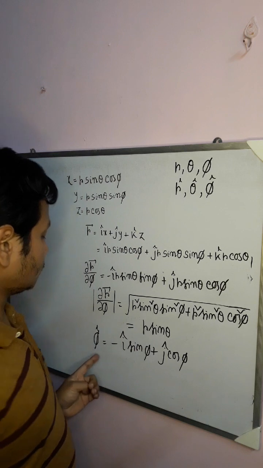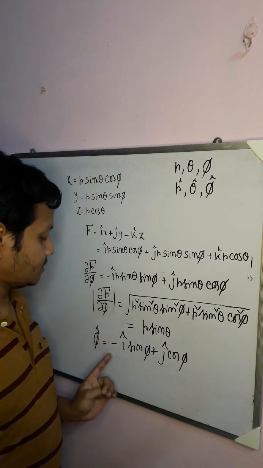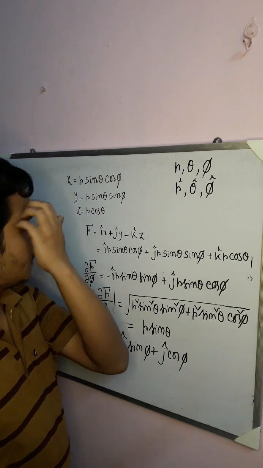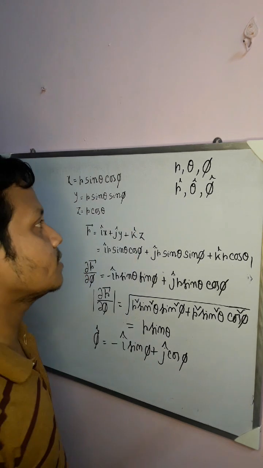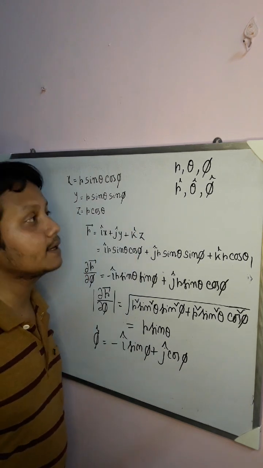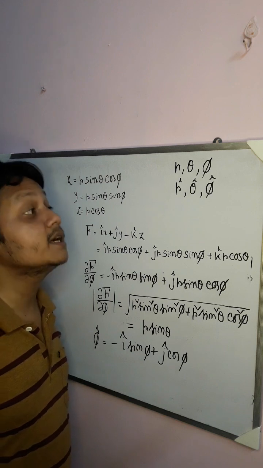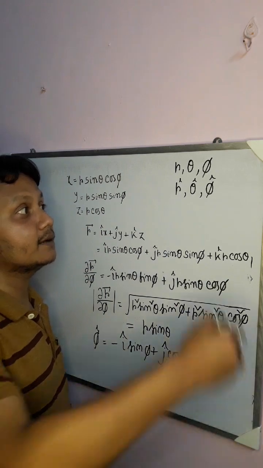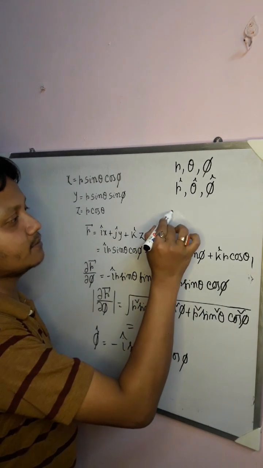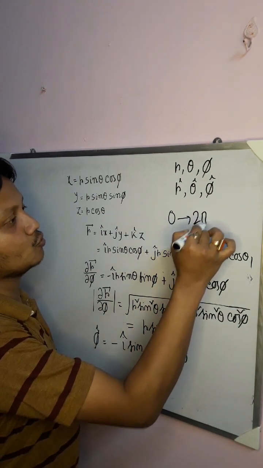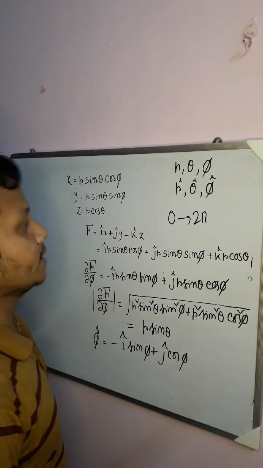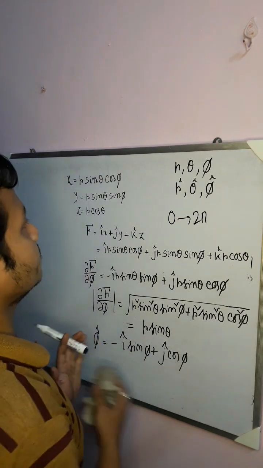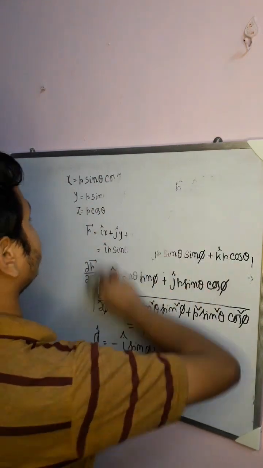So phi cap equals minus i cap sin phi plus j cap cos phi. Here r is the radial distance of the point, theta is the zenith angle that varies from 0 to pi, and phi, the azimuthal angle, can rotate in the entire plane, that means it can vary from 0 to 2 pi. So these are the unit vectors in the spherical polar coordinate system.